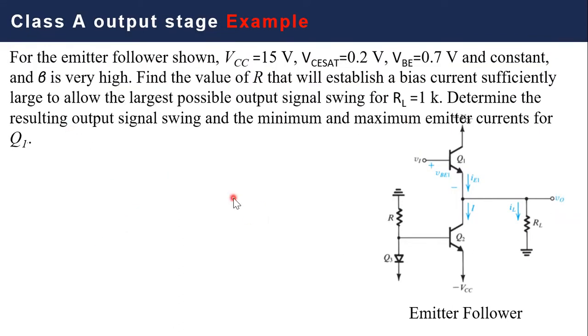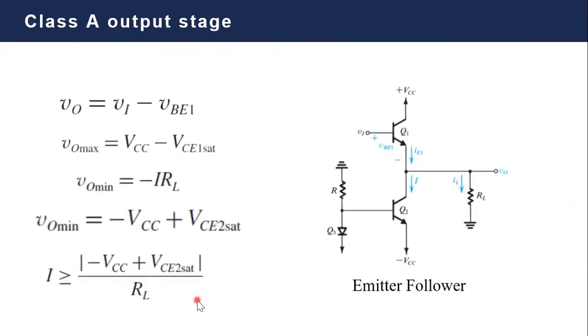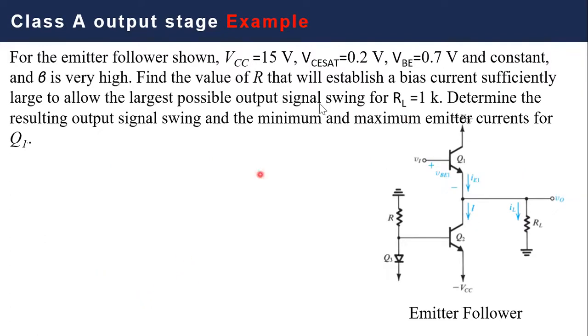Okay, so basically the target of this design is to maximize that swing, and we already discussed this when we reached this equation, if you remember, my dear students. So simply speaking, let's turn a bit to our whiteboard.